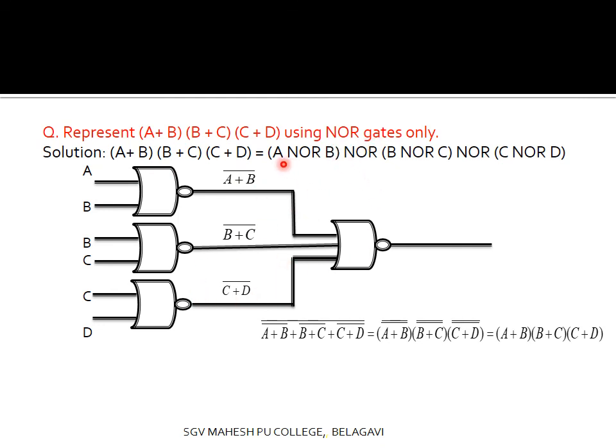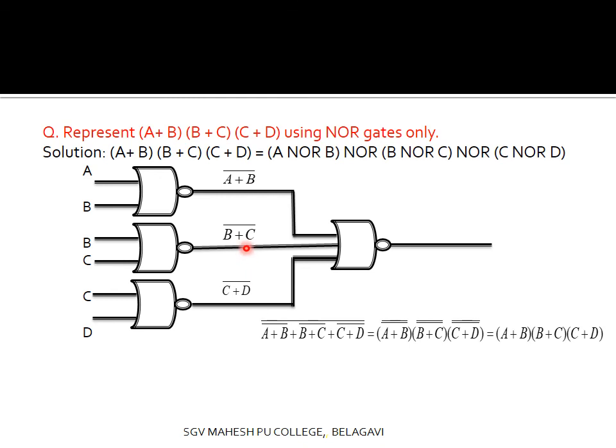Now let's give inputs for the first bracket, that is A and B, to a NOR gate. Similarly B and C as input, and C and D as input. When we give these as input, we get the output (A plus B) whole bar because it's a NOR gate.